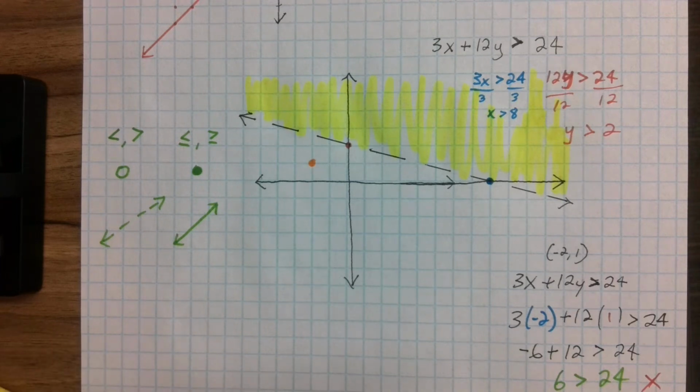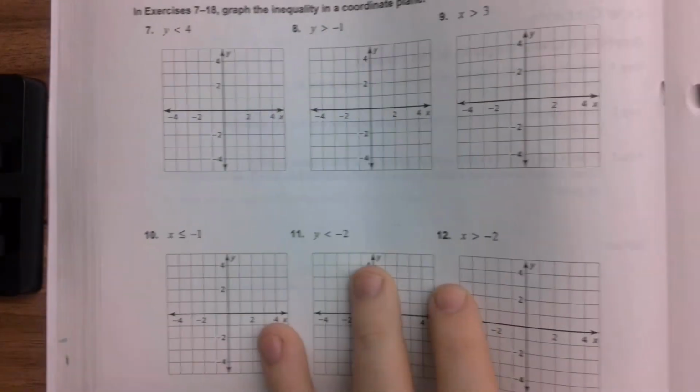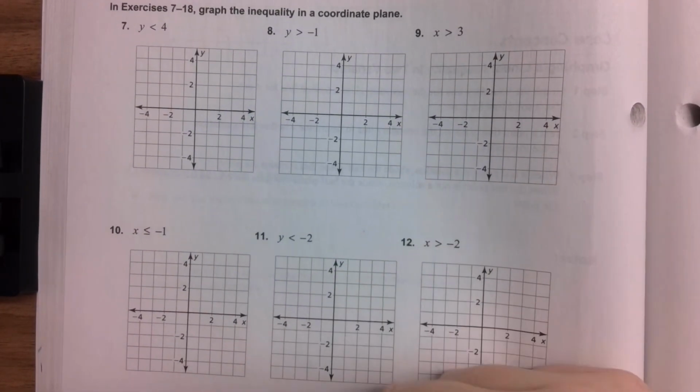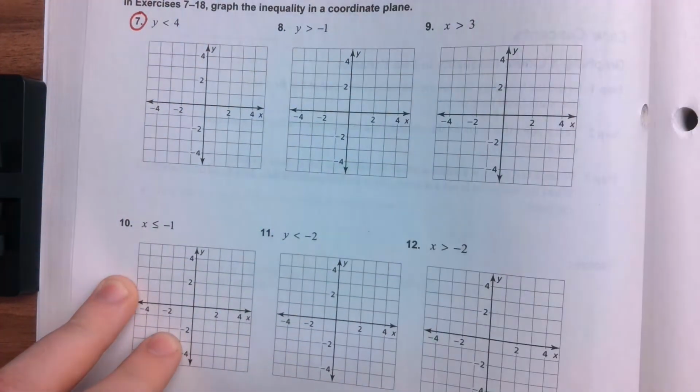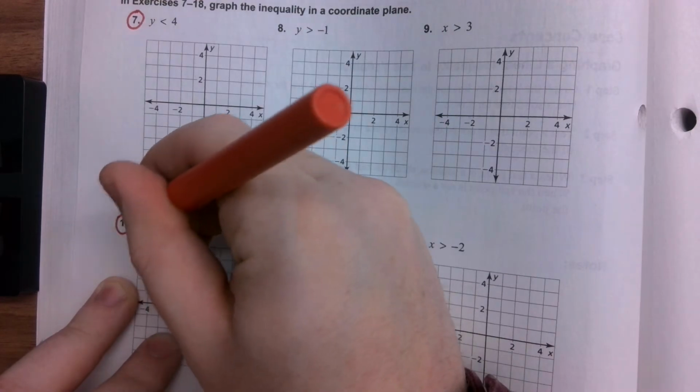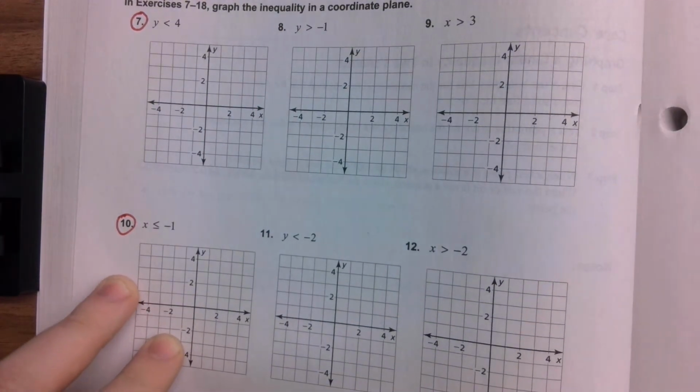What I'd like you to do here is pause for just a second, and I actually want you to flip over to page 160 in our notes. And here's what I want you to do. I want you to try to graph problem 7, problem 10. Keep in mind which lines are dashed and which ones are solid.